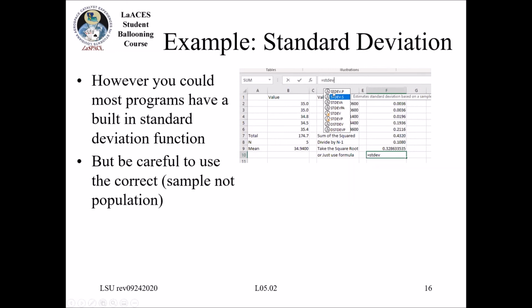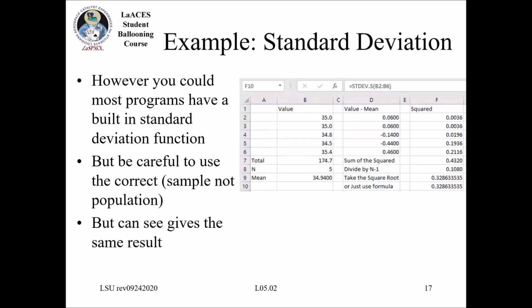In Excel, you can see there's these two functions, STDEV.P and STDEV.S, and those mean exactly what you think they would mean: the population standard deviation and the sample standard deviation. And you can see if I just call that function on my original set of values, you get the exact same result. So the function does exactly what you think it should.